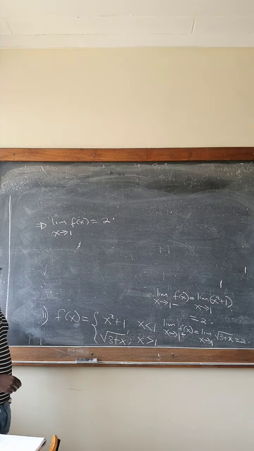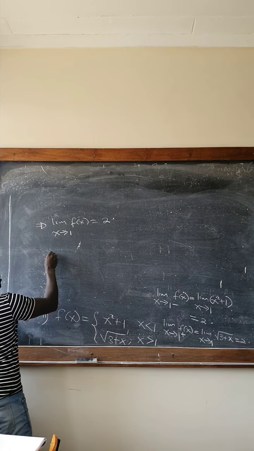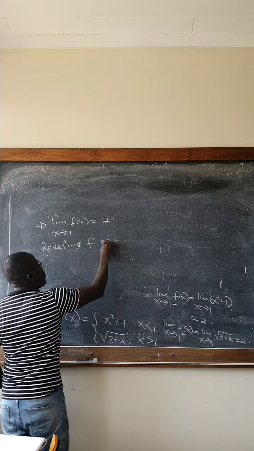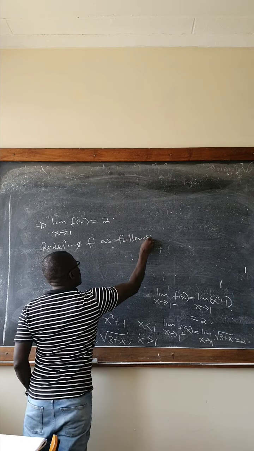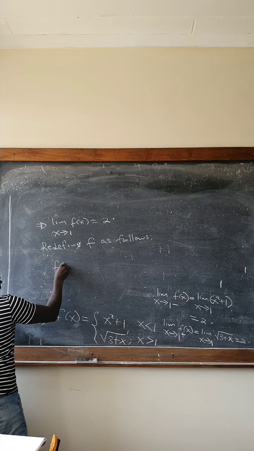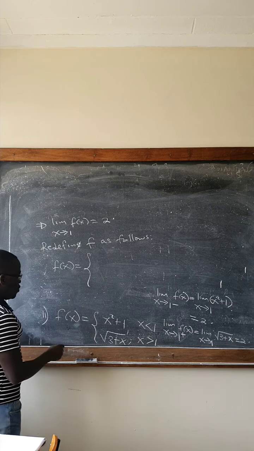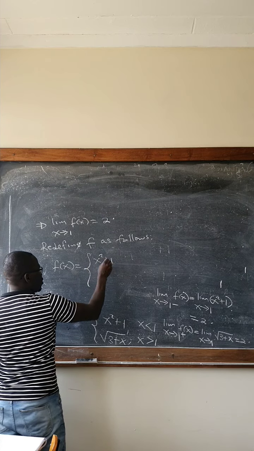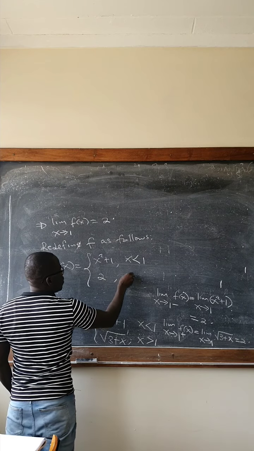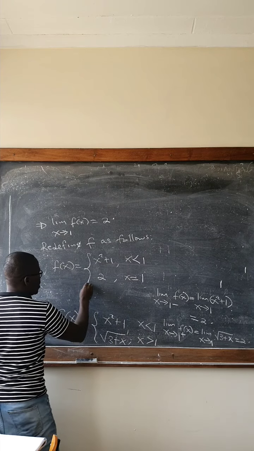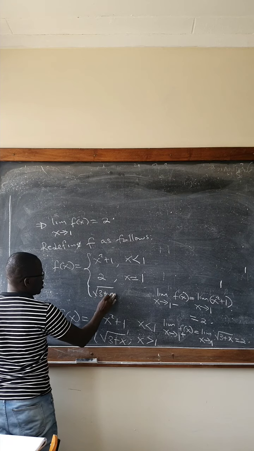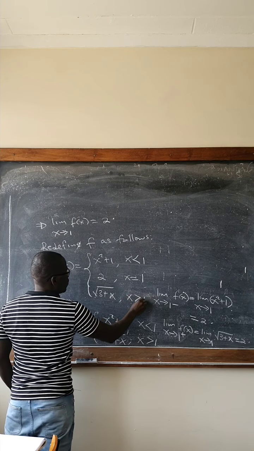So we can actually redefine this function and say therefore redefine f as follows. We can say that f of x, you can do this, say x squared plus 1 for x less than 1, give it a value 2 for x is equal to 1, and then root of 3 plus x for x greater than 1.